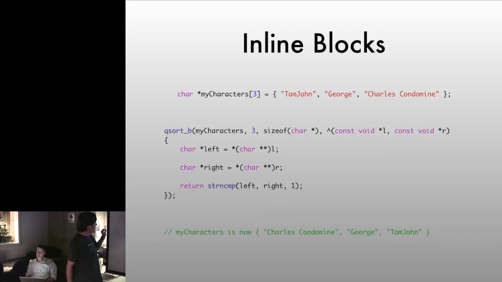And then there's this quicksort function, which takes in the character array, the size of the character array, and the size of the elements of that array. And then it takes a comparison block which will do the actual comparison. In this case, the block takes in a void pointer.